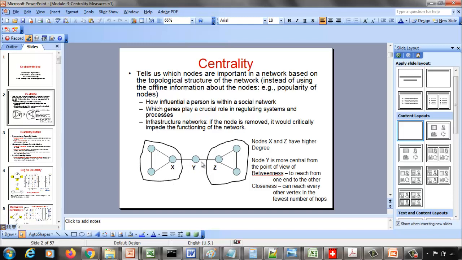From the betweenness point of view, y is the most important vertex for the graph, because if any of these 3 vertices, you can say this is one community or a cluster, want to communicate with any of the three vertices in this cluster, they have to go through y. There's no other way.